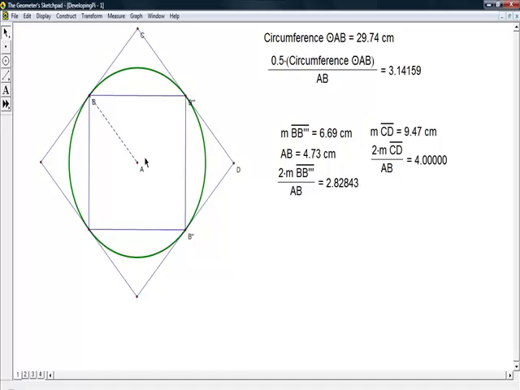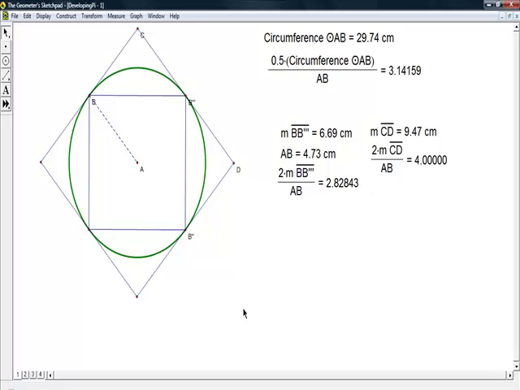So if I take half the perimeter divided by the circle's radius, I get a lower approximation for pi, which is 2.828. I did the same thing for my outside square: half the perimeter divided by AB is exactly 4. So with a square, pi has to be somewhere in between 2.828 and 4.